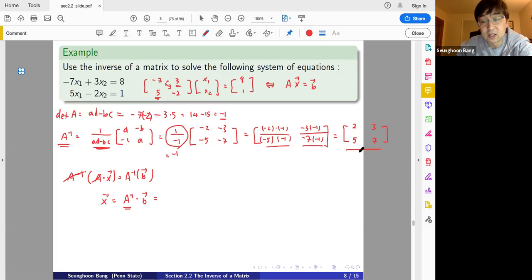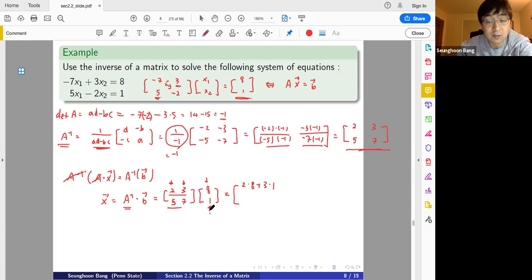Inverse of A is here: 2, 3, 5, 7 times vector B. Vector B is here, 8, 1. You calculate the first row times the first column: 2 times 8 plus 3 times 1.